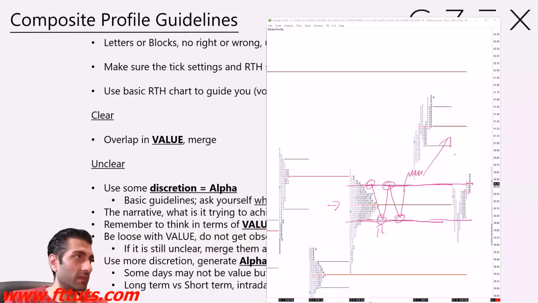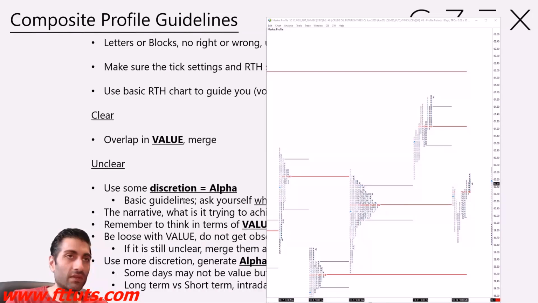imbalance. Now, what actually happened here? Think about it. Market opened here. What did it do? Drove down, tested value, failed, built value, long opportunities here to buy the market, okay, imbalance.